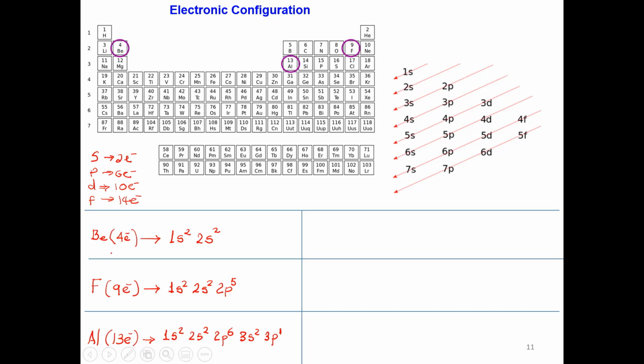And now let's write the electronic configuration for calcium. We will follow the same procedure. Let's write here calcium, and the number of electrons for calcium is 20. Then let's start. We will have 1s2. The next, from right to left, 2s2.